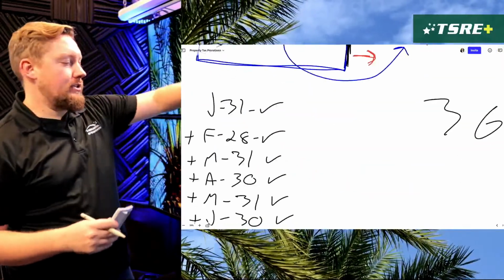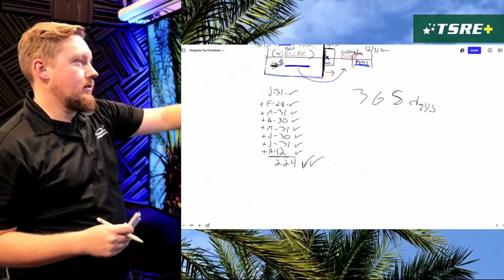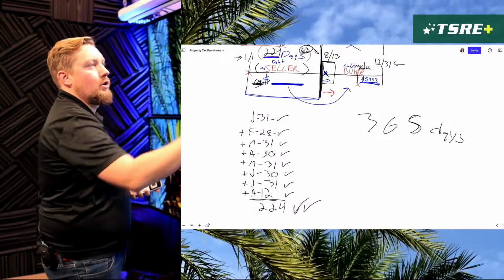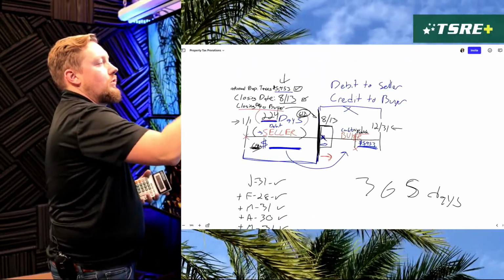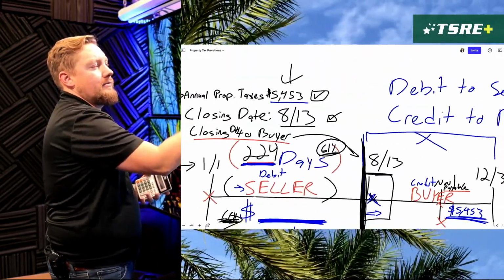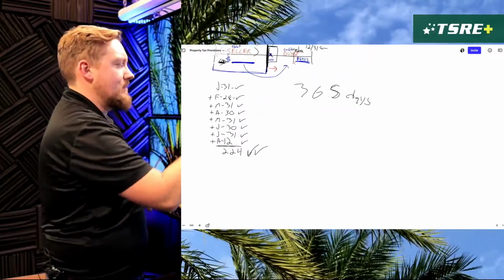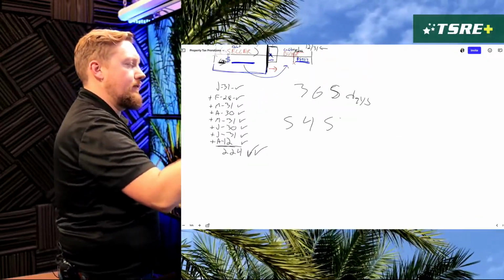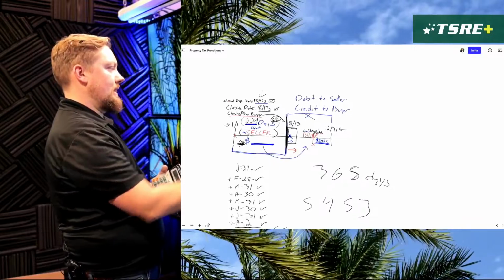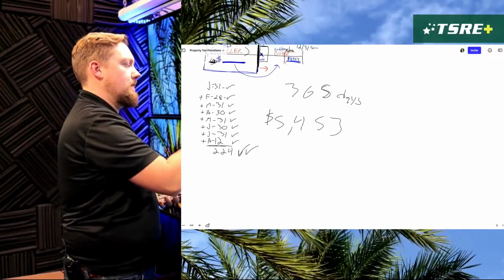Now it comes to actually solving this. We're going to go back to our question that told us it had $5,453 for the annual property tax bill. $5,453. Let me make sure I got that right. Yep, $5,453.